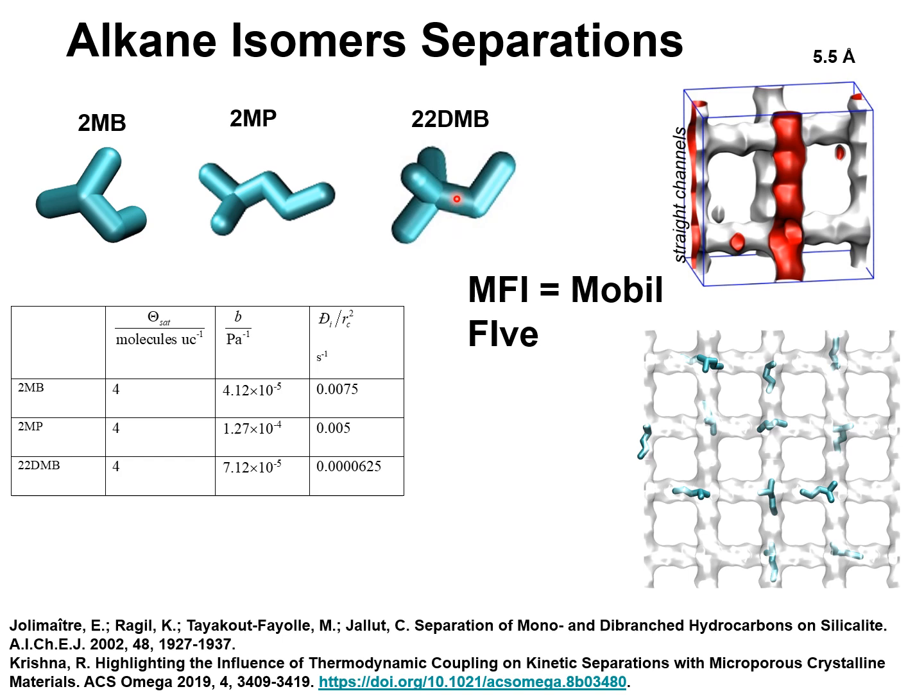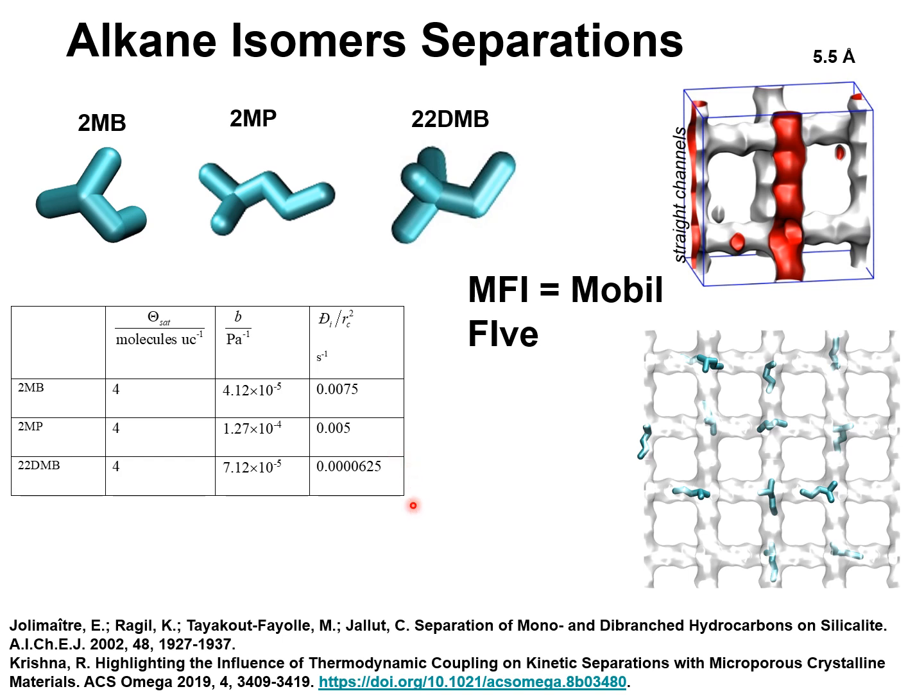Therefore, within the intersecting channels of MFI zeolite, 2-methylpentane has the highest adsorption strengths, but the dibranched 2,2-dimethylbutane has the lowest diffusivity. Let's examine how adsorption strengths and guest mobility play out against each other.